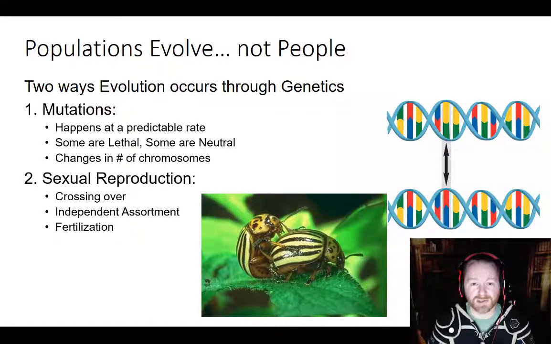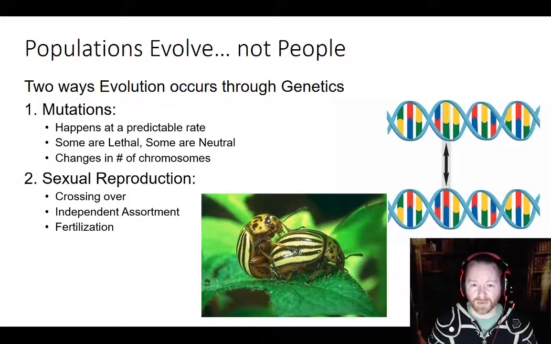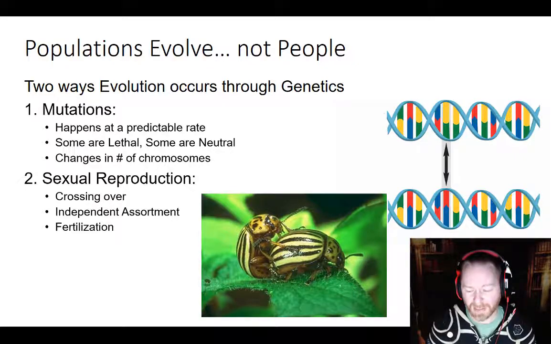Nature comes in and says which variations work in a particular environment, and it removes the ones that don't work and promotes the ones that do work well in that environment. Now, if the environment were to change, a trait that's not so good before may become better adapted for that new environment.